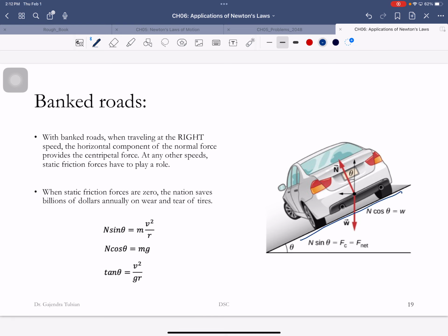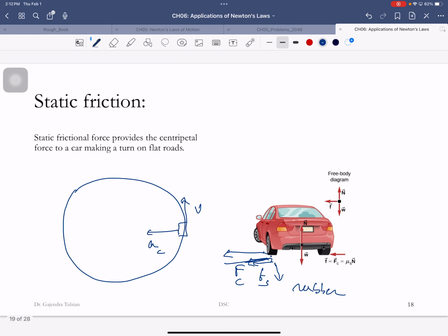Now let's see what happens. You guys understanding this? The center of the curve is in this direction. You need a centripetal force. How much centripetal force do you need? What was the centripetal acceleration? It was v squared by r. Remember, v was your speed.